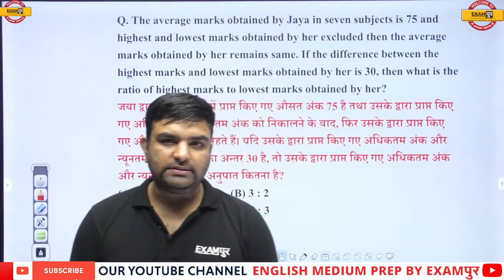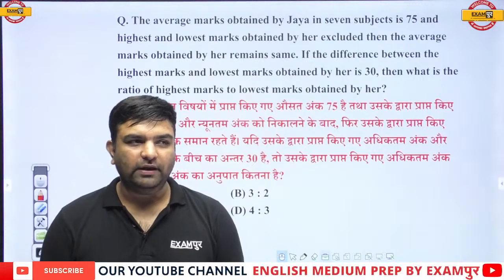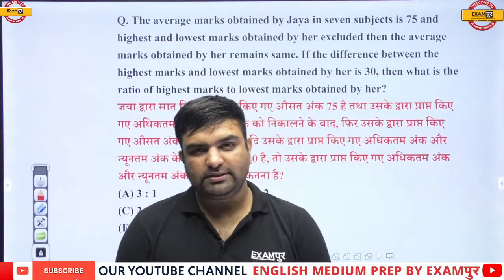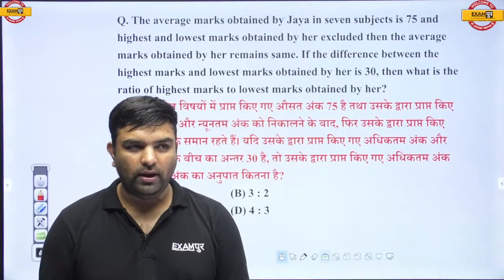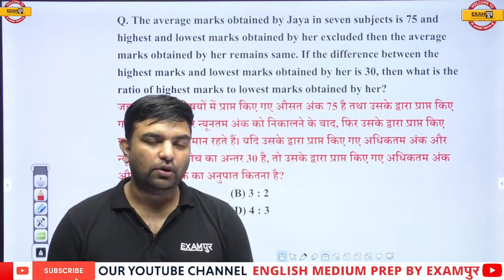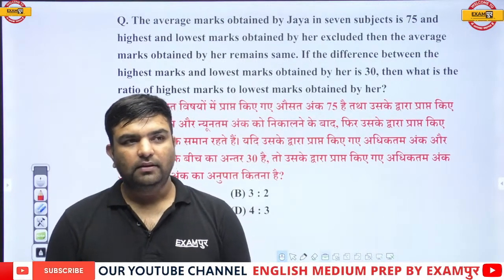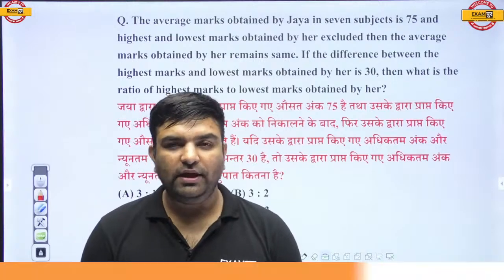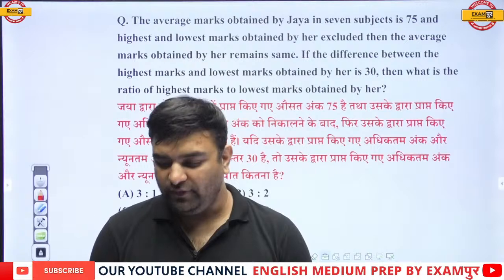If you know that when you exclude the highest and lowest and still your average is the same, so we can say that the average of those two which were excluded was also 75.